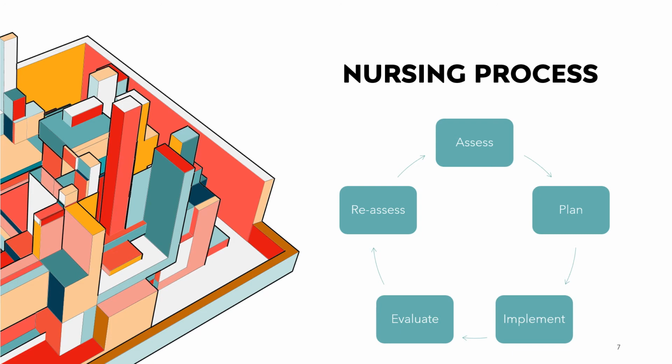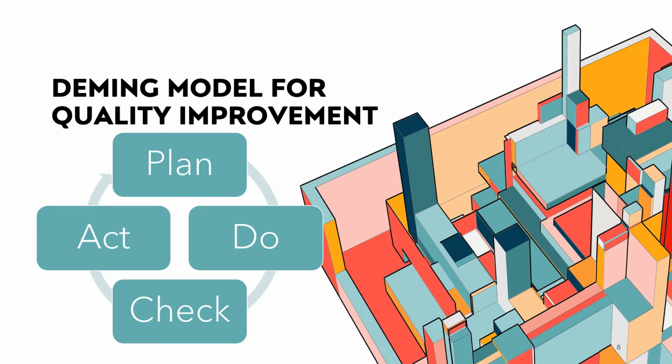And then we look at those data, and then we reassess, has there been any change in the health of the population as a result of the intervention that we implemented? So this is the nursing process.